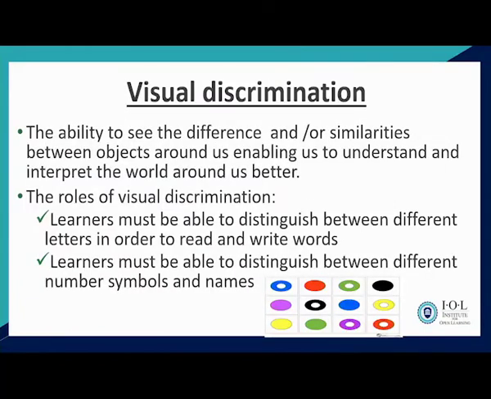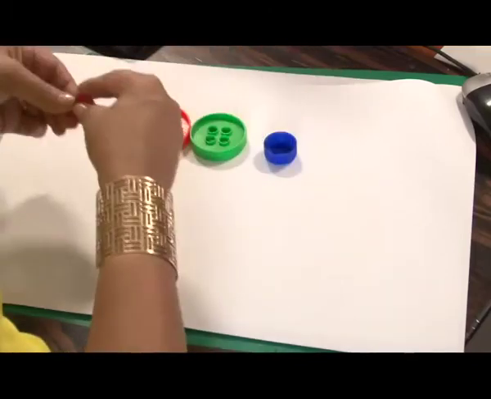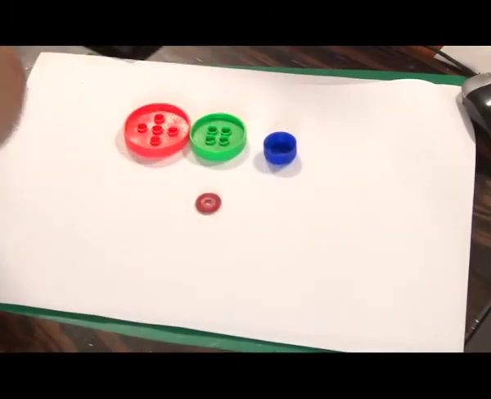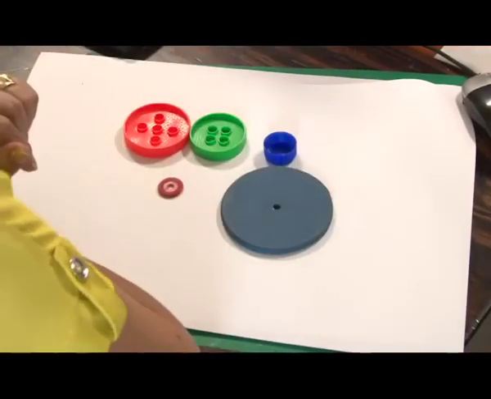Now, what is visual discrimination? It's the ability to see the differences and or similarities between objects around us, enabling us to understand and interpret the world around us better. Let's take these objects that I have here. What are the differences of these objects?